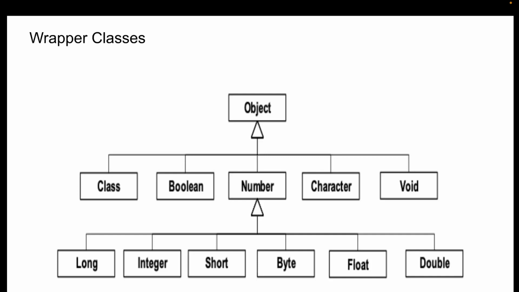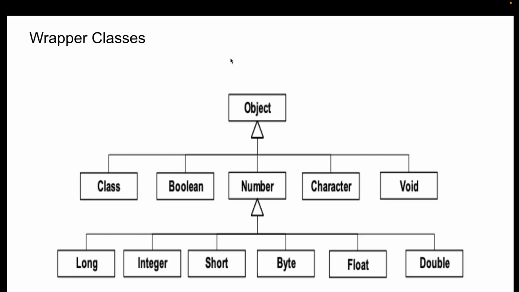We talked about these primitive data types when we were going through the data types module. Now there are some wrapper classes, and these classes are basically objects of the primitive types.